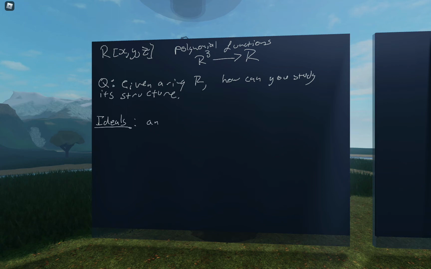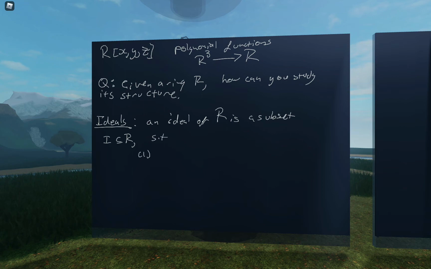So an ideal of R is a subset I, which satisfies the two following properties.